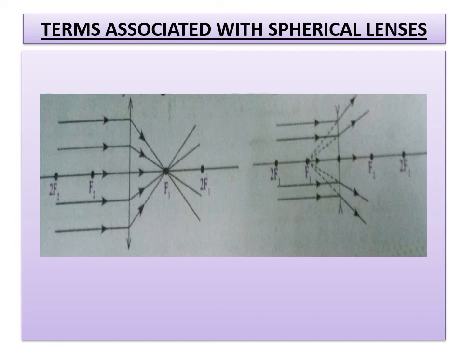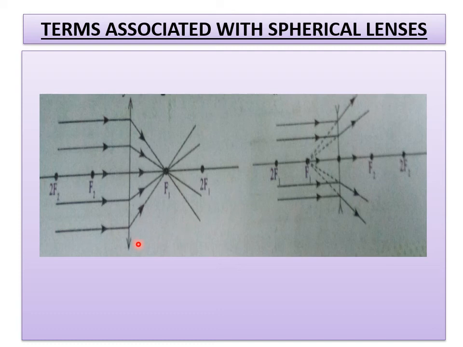That we have all learnt in mirrors. Similarly here, this is F1, called the principal focus for the convex lens, and this is F1, the principal focus for the concave lens. In your textbook, the representation of a convex lens is in this way.